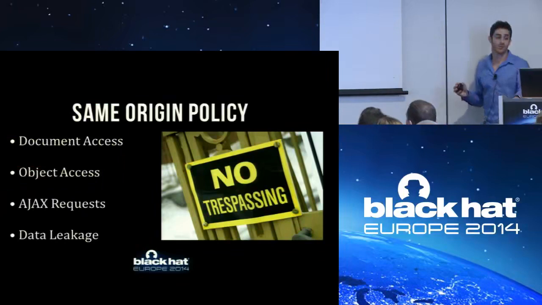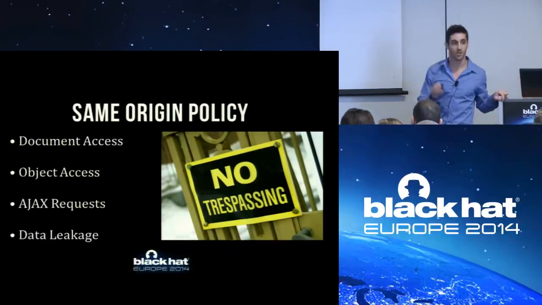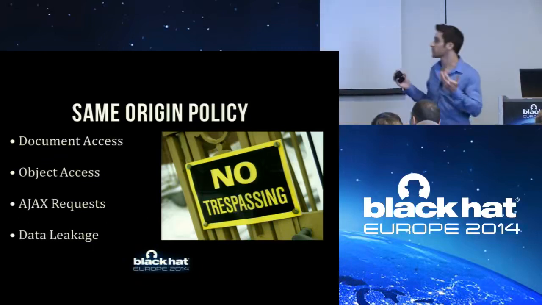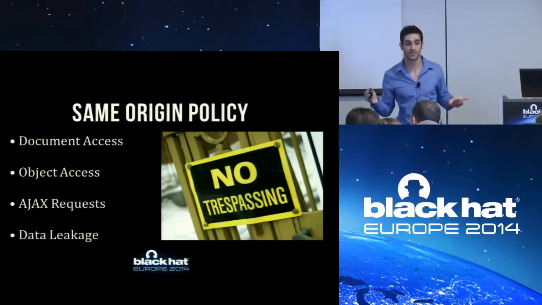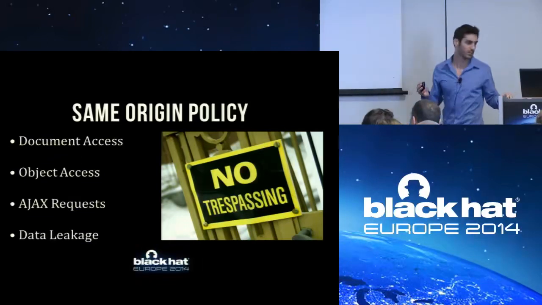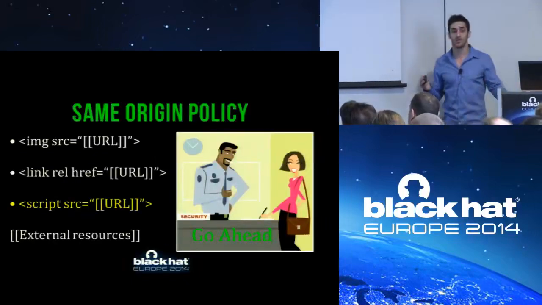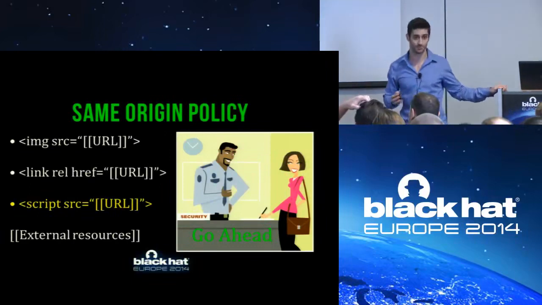So same origin policy will essentially block cross-origin access to the Document Object Model and to JavaScript objects. It will restrict access over AJAX requests, and it will prevent data leakage. But what same origin policy will allow is external resources such as images, styles, and scripts.